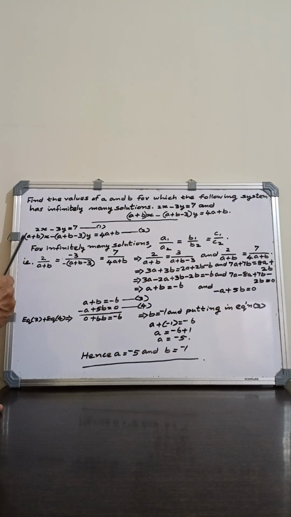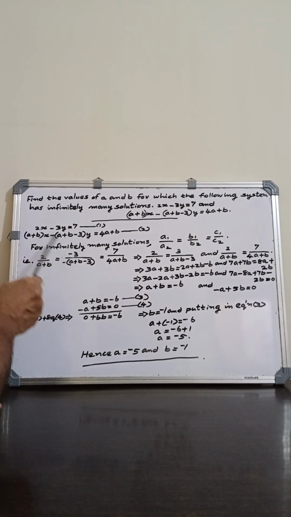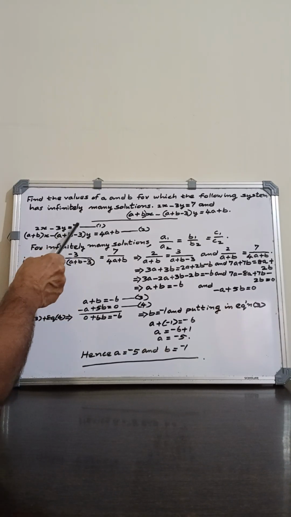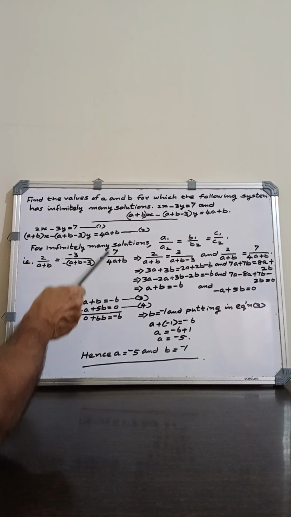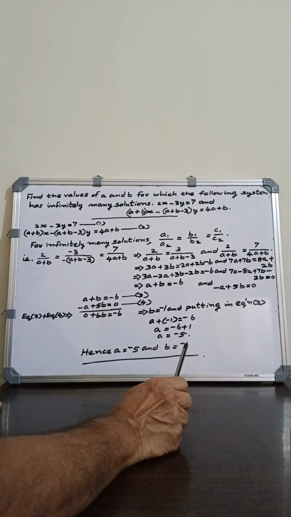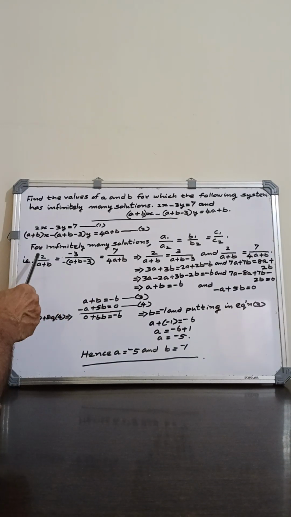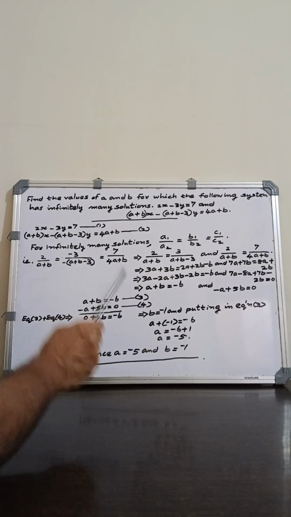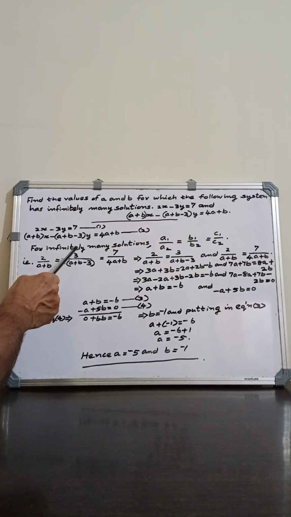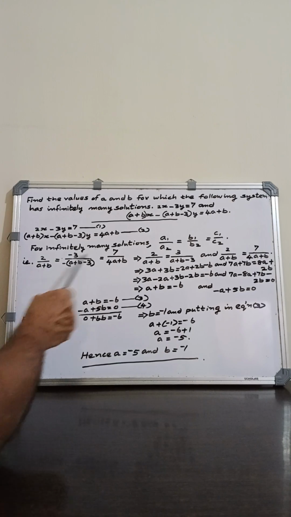Therefore, 2 by (a plus b) equals minus 3 by minus (a plus b minus 3) equals 7 by (4a plus b). We can split this relation into two options: the first is a1 by a2 equals b1 by b2, and the second is a1 by a2 equals c1 by c2, or b1 by b2 equals c1 by c2. But it is very easy to take a1 by a2 equals c1 by c2.